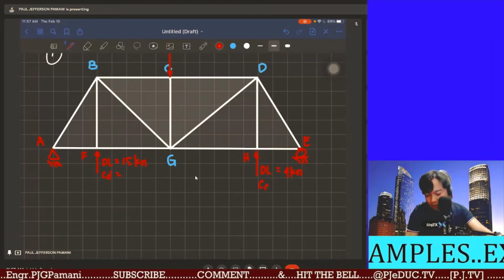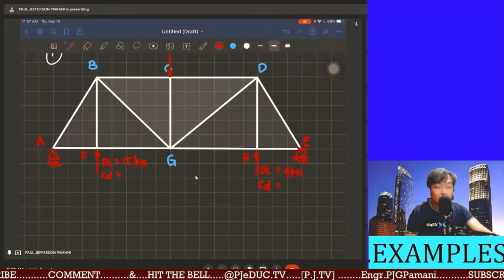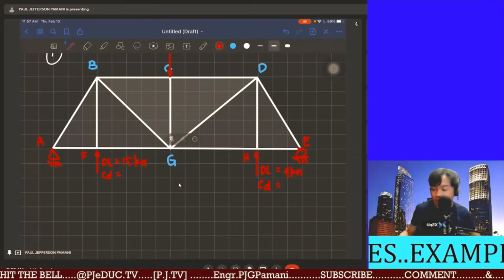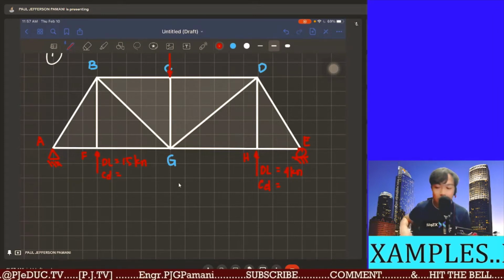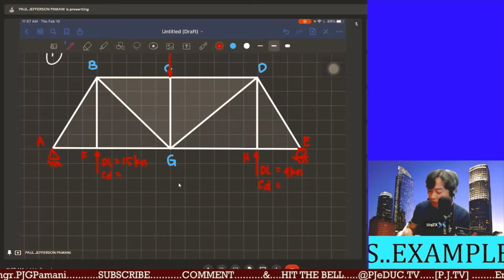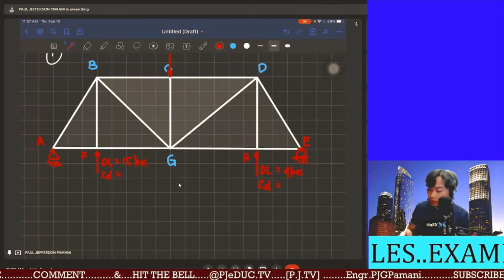Ilan ang gusto nyong ilagay na ceiling load? Thickness 12 mm, 0.008 times 12 mm, 0.096.